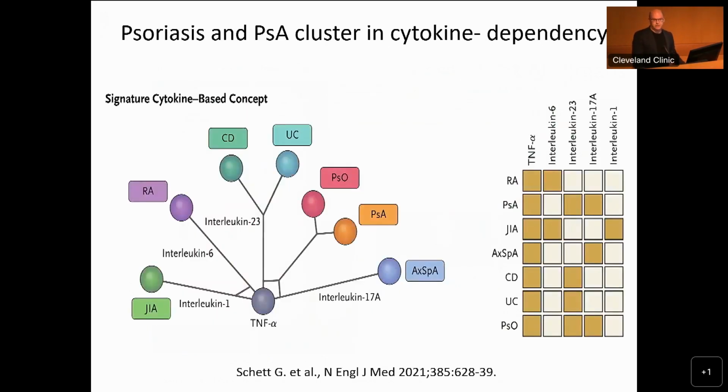Now, this is relevant because we still live in a textbook kind of understanding of inflammatory diseases. This is a disease of the skin, this is a disease of the gut, this is a disease of the joints or the brain.